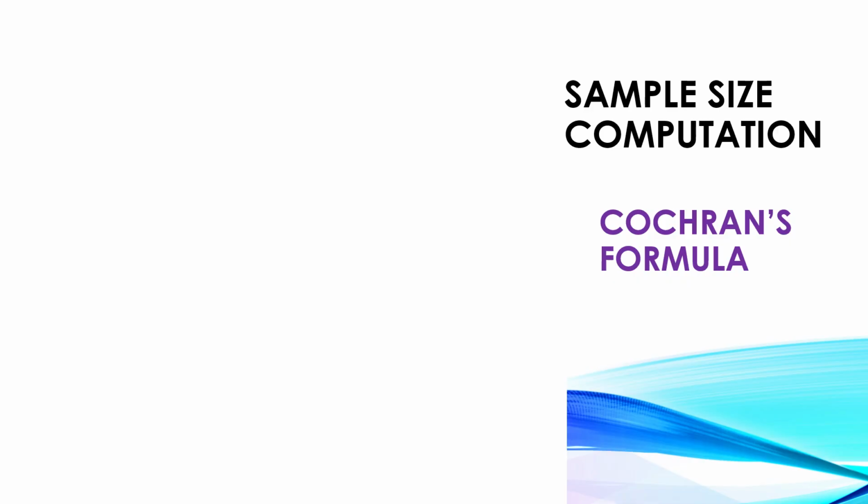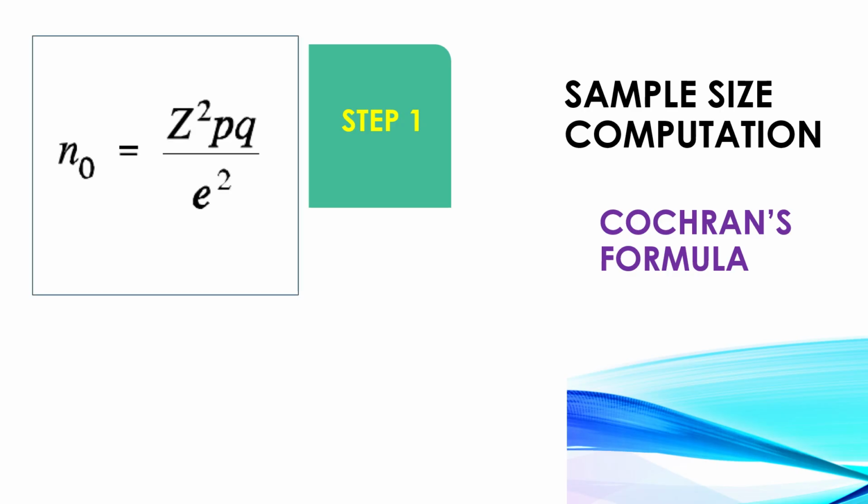Now let me teach you how to compute the sample size using Cochran's formula and also later using the Taro Yamane formula. There are two steps for Cochran's formula. First is to use this formula: n sub o is equal to z squared times pq over e squared. What's z? Z is the level of confidence.